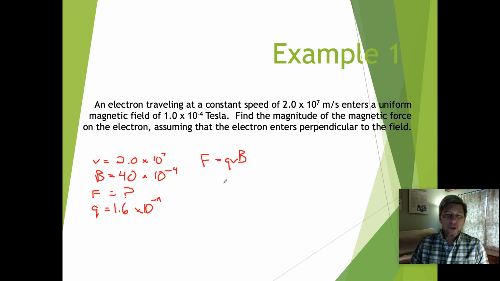So I'm not going to write all these numbers out again, but in this case, the force is going to be 1.6 times 2 is 3.2, and 3.2 times 4 is 12.8. So 12.8, and then multiply that by 10 to the 7th times 10 to the negative 4th is 10 to the 3rd, and 10 to the 3rd times 10 to the negative 19th is 10 to the negative 16th.